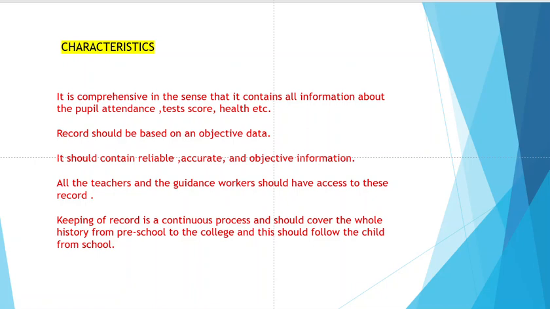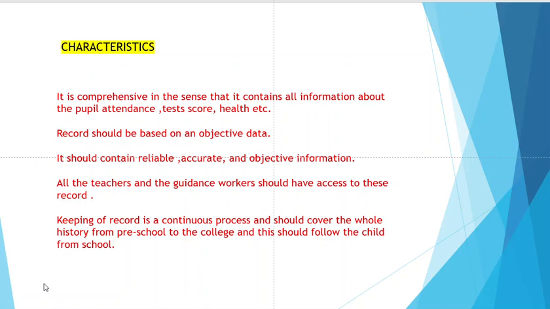So keeping of record is a continuous process and should cover the whole history, because there are continuous changes in the behavior of the student, and so many things change in the student regarding health, interest and ability, so we have to maintain it and continuity is there.